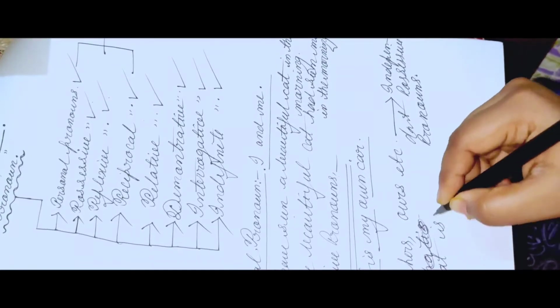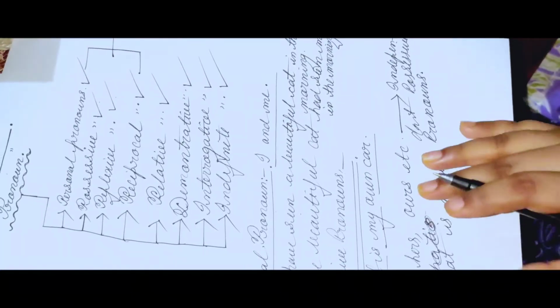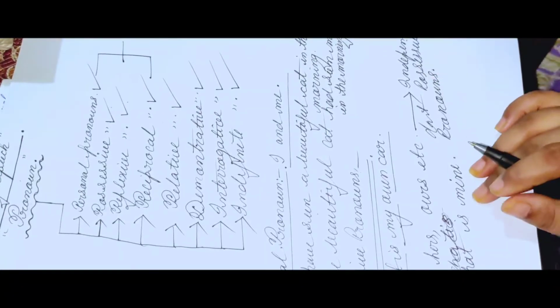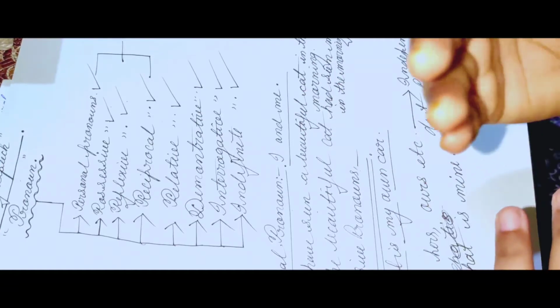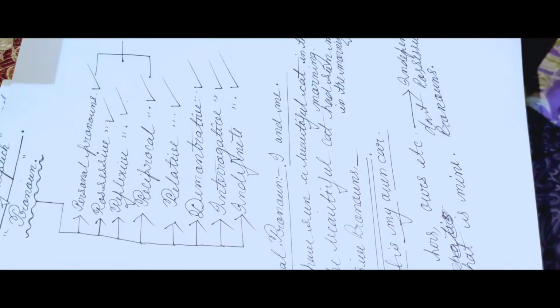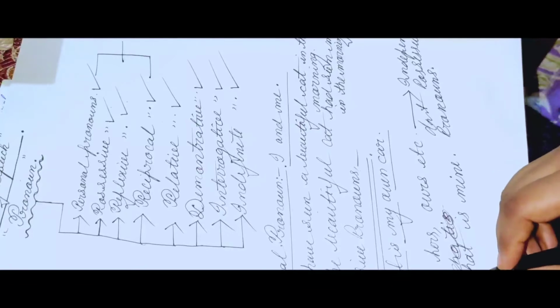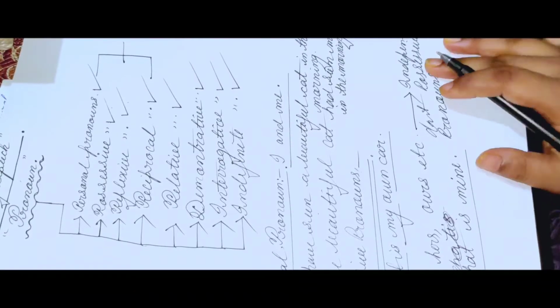So here I have written that is mine. Mine is an independent possessive pronoun which we have used here without any object. That type of pronouns we use without any object. So here mine is absolutely an independent possessive pronoun.